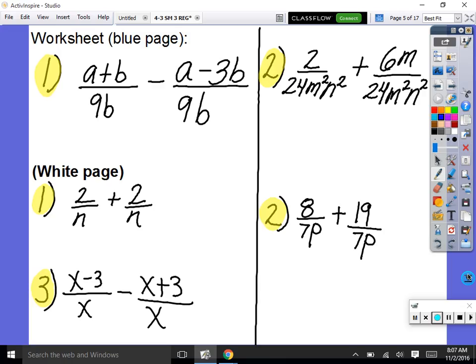That simplifies. On the top, you can factor out the 2, right?